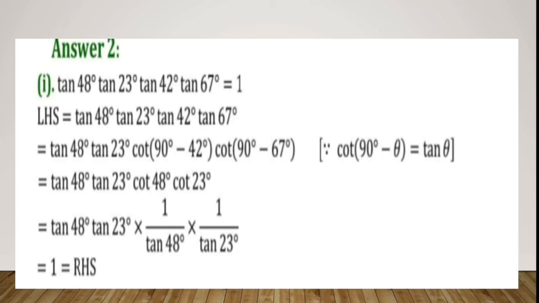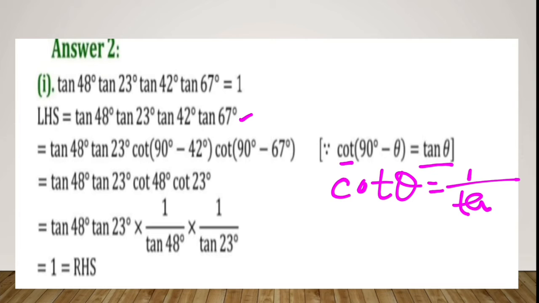If you take the LHS, here is the LHS, and you know that cot is the complementary of tan theta. Again cot is the reciprocal of tan theta also. That means you can say that cot theta is equal to 1 by tan theta.